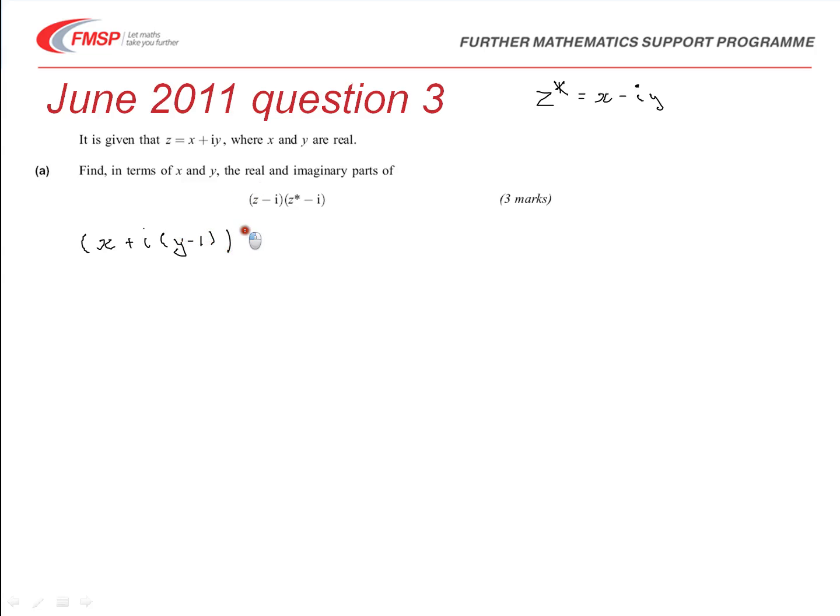And then when we do z star, that's going to be x minus iy minus another i, so that will become x minus i times y plus 1.